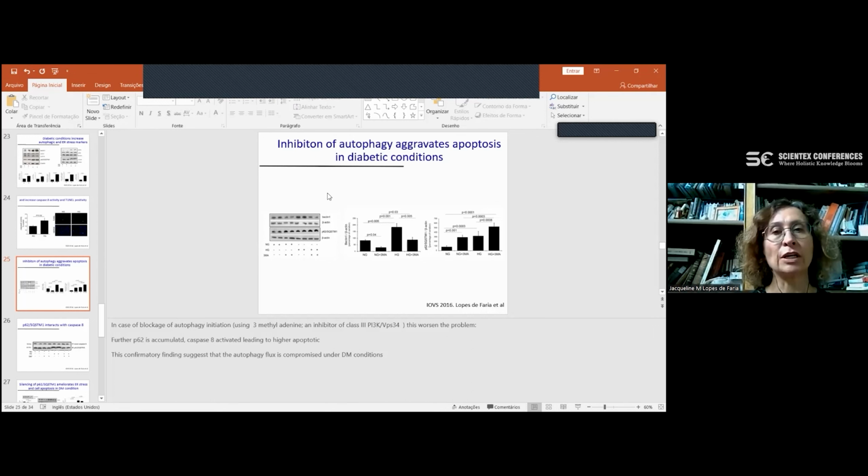So we treated the cells with 3-MA, 3-methyladenine, which inhibits the initiation of the autophagy. Here we see that in both normal and high glucose, the 3-MA decreases the initiation of the autophagy, but worse in another sense, the accumulation of the P62.